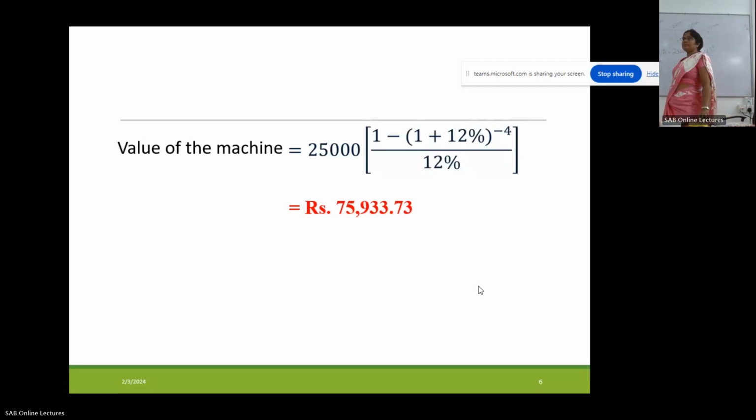Would you buy? In the marketplace, you can buy it for 80,000. This is your intrinsic value, the theoretical, fundamental value this particular machine should have according to the theory.